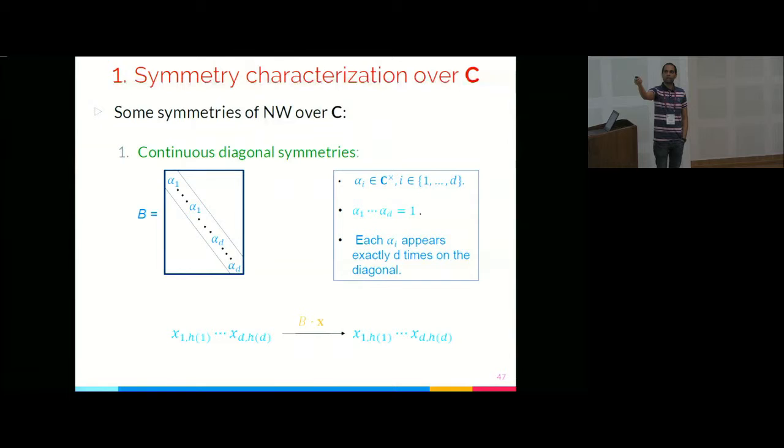And we know that this product is equal to 1. So the coefficient becomes 1, and the monomial is mapped to itself. This shows that B is a symmetry of the design polynomial. Why are these called continuous symmetries? Because we can vary alpha 1 to alpha d minus 1 in a continuous fashion, and then alpha d is fixed accordingly.